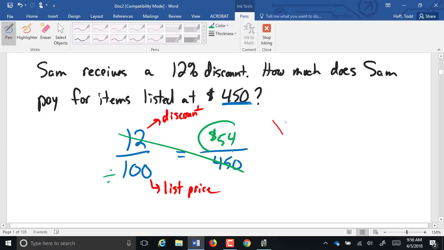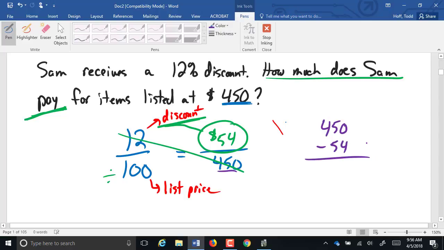What does that represent? The discount. Is that what we're looking for? Yeah. How much does Sam pay? So to find that, we can find that from these numbers. Take the list price and subtract the $54. $396 is the amount she pays.